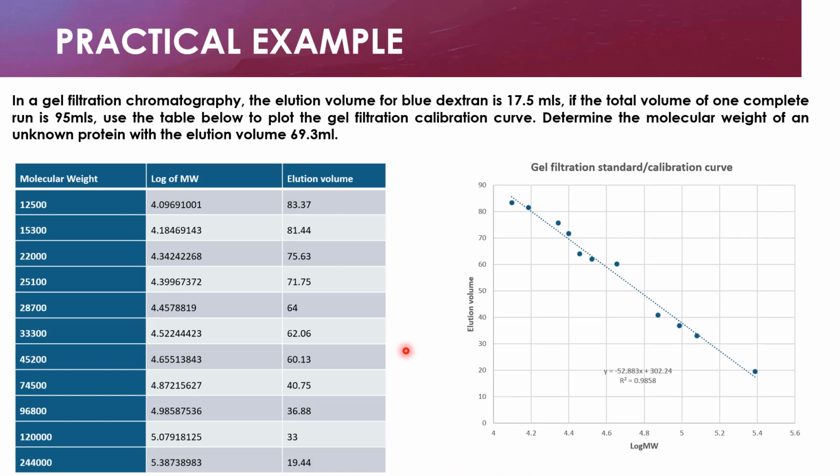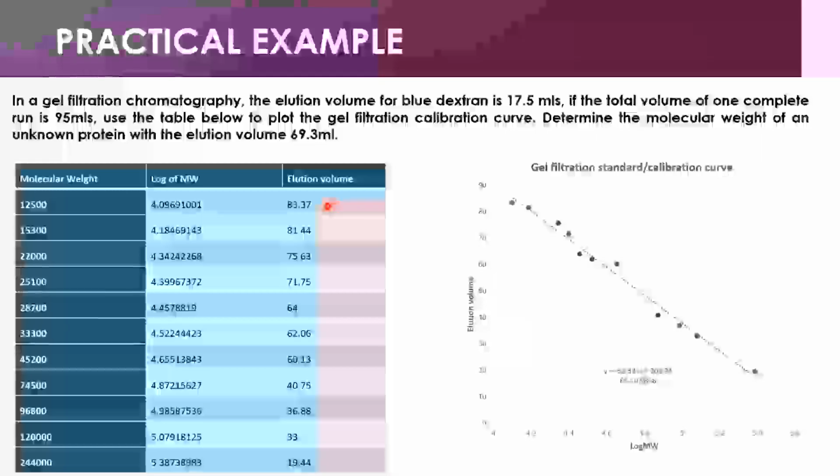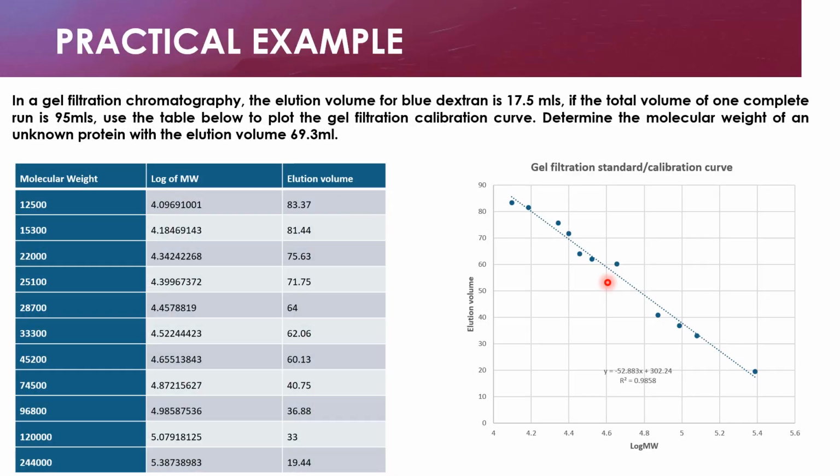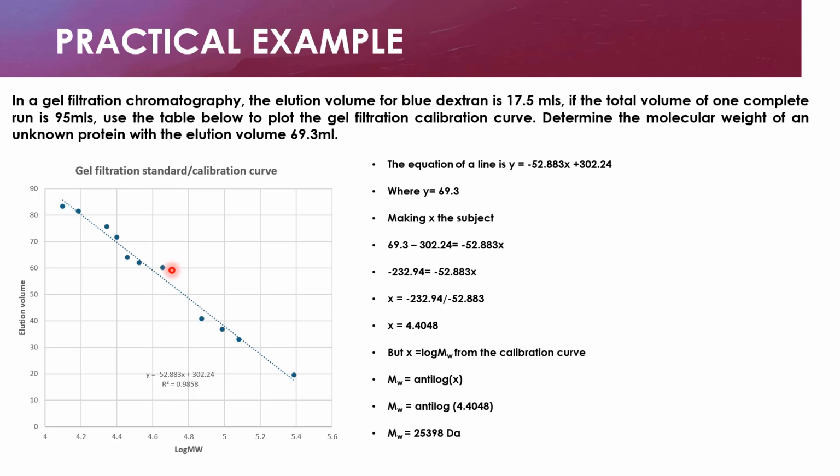So from the table over here, these are the elution volumes given for each of the molecular weights, and this is our calibration curve. From the calibration curve, the equation of the line is giving us y equals minus 52.883s plus 302.24. And from here, we know that our y is equal to the elution volume, which is given at 69.3 from the question.